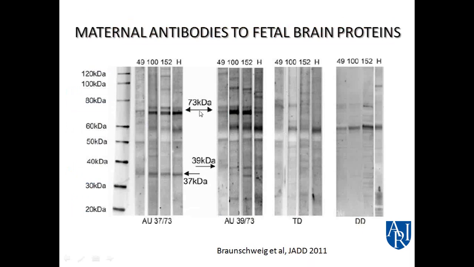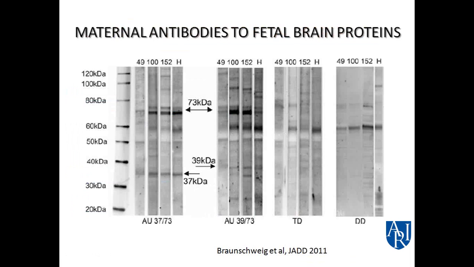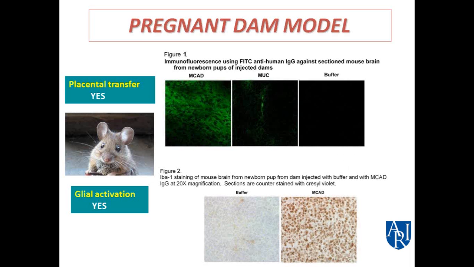These are bands on a gel, portions of the antibodies found at different molecular weights at 37, 39, and 73 kilodaltons. Much work has gone into this, and many mothers have given blood samples.